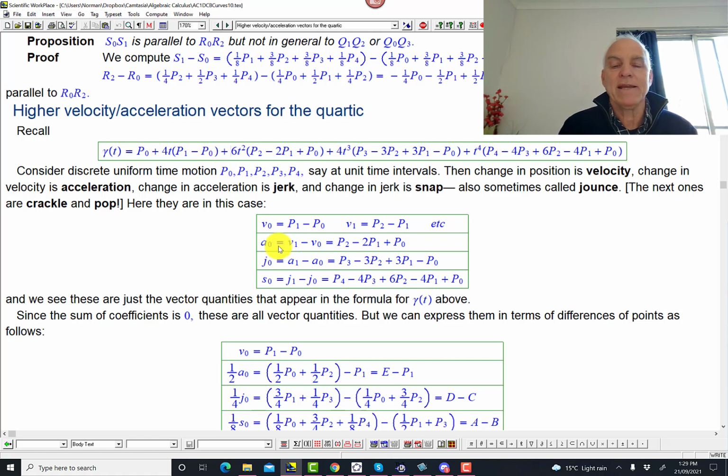Now, what is the acceleration? Well, the acceleration is the rate of change of the velocity, or the difference of velocity in this case, because it's just a discrete thing. So it's v1 minus v0. If we take this velocity and subtract this velocity, then we get p2 minus 2p1 plus p0.